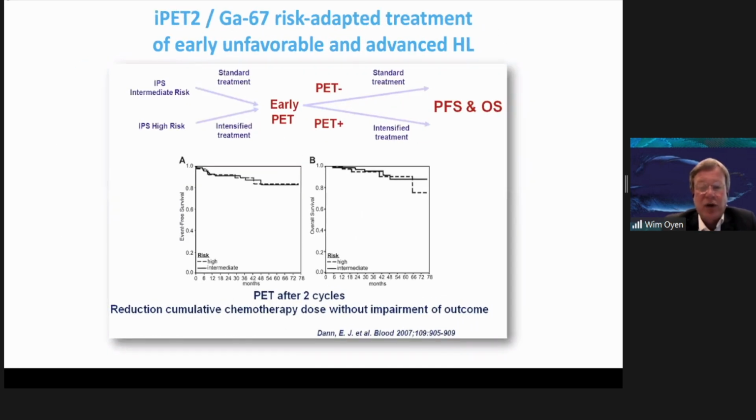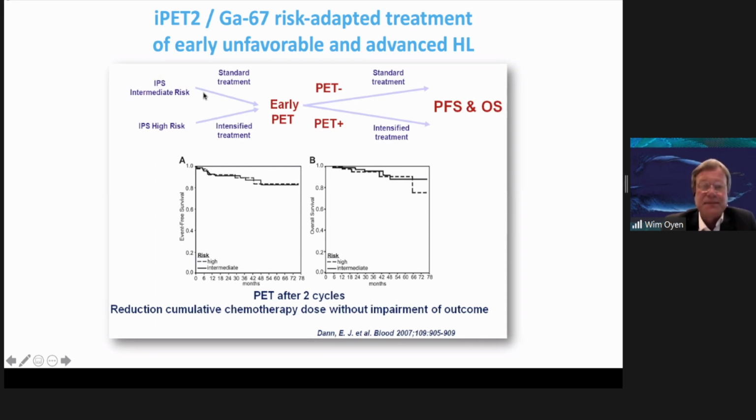And this is a very early study where gallium-67 was also still used. But if you look at the PET part of the study, what these authors did was that they treated patients with early unfavorable or advanced Hodgkin's lymphoma.